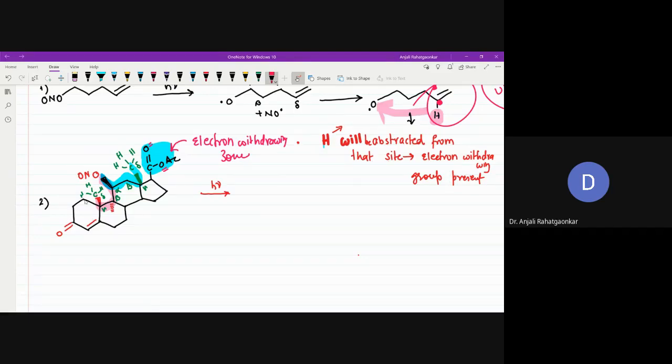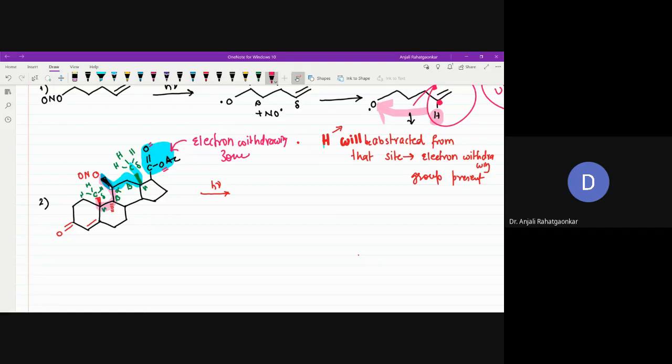So we can say that here there is a competition between two sides. We can give the priority to this particular blue side, where the electron withdrawing zone is present, because over here the electron withdrawing zone is not present. So we give priority to the site whose nearby site is electron withdrawing.